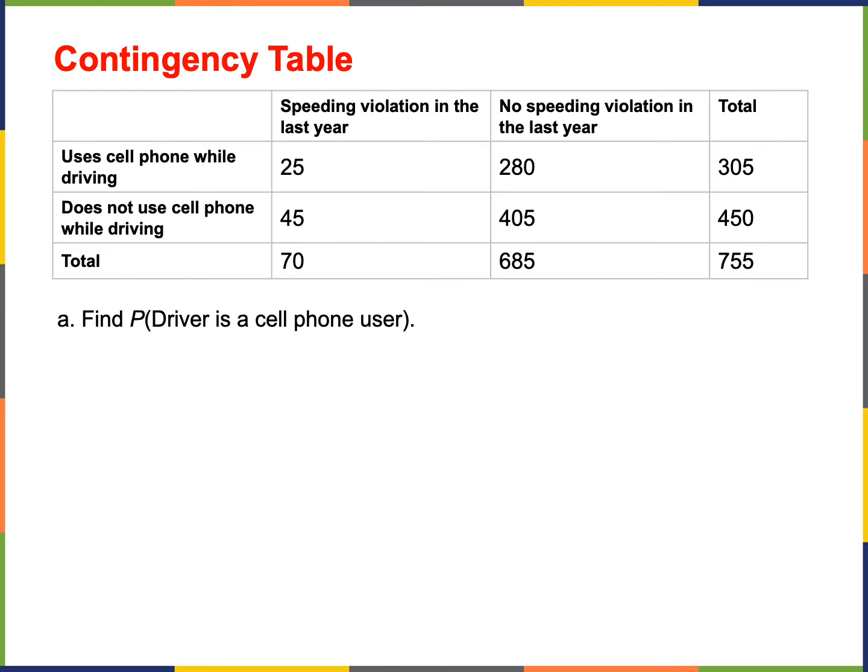Okay, so let's do some questions. Find the probability that the driver is a cell phone user. What do you think that would be? Remember that we're counting the event over the total possible outcomes. Let me give you a few seconds to figure that out.